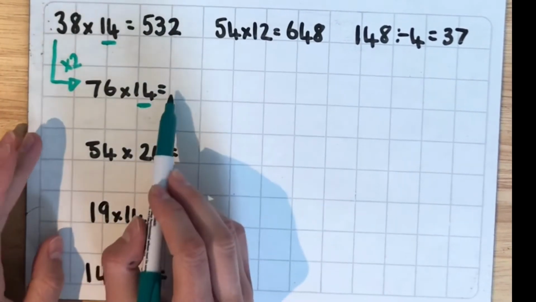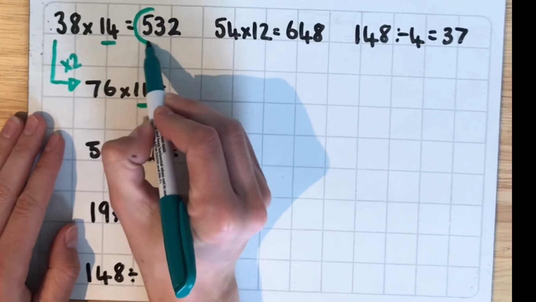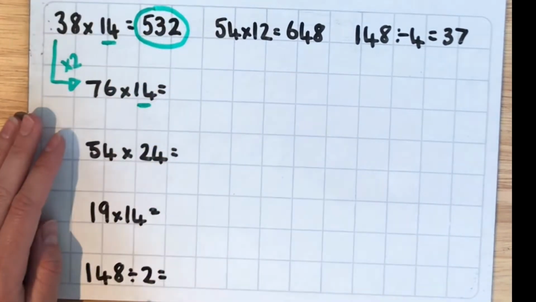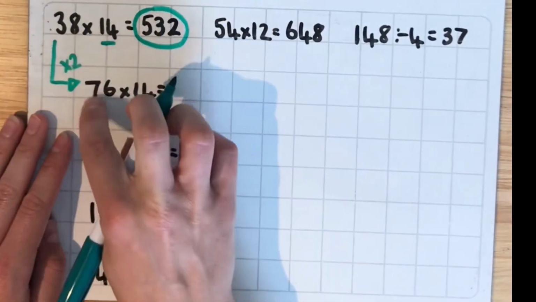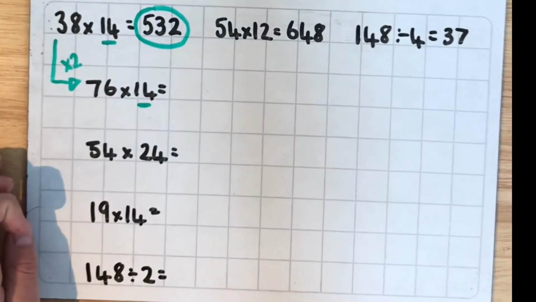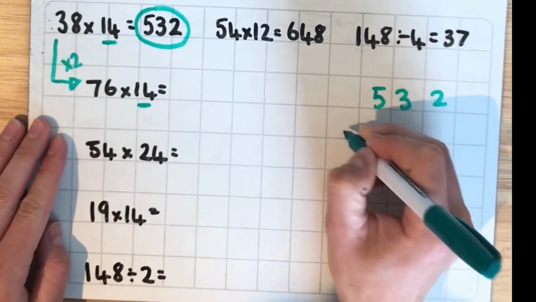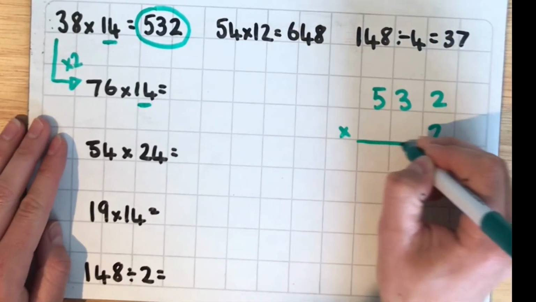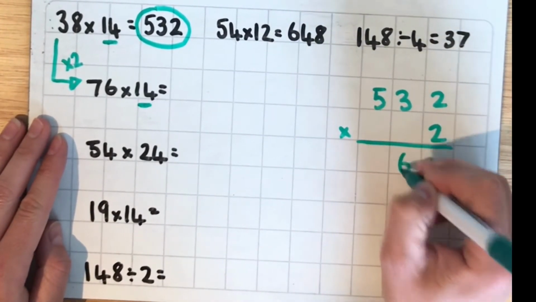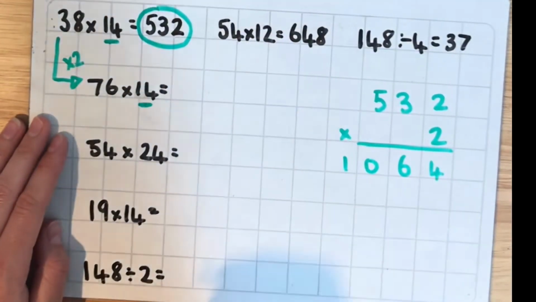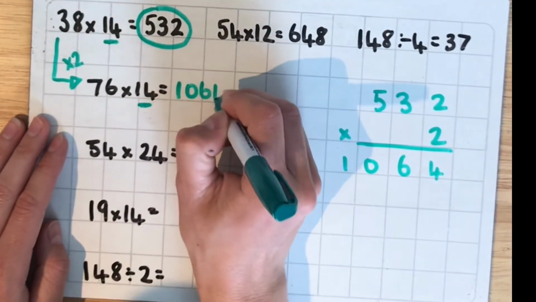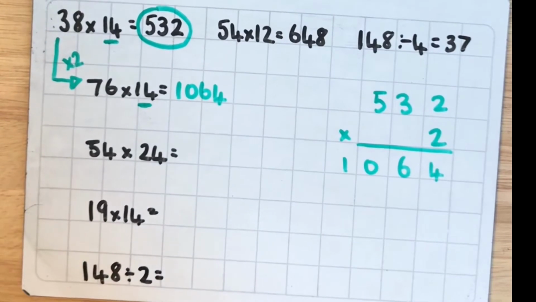To work out the answer, you take the answer to this one and double it because you've doubled the amount of 14s. So 532 times 2. 2 2s are 4, 3 2s are 6, 5 2s are 10. So that gives you 1064.